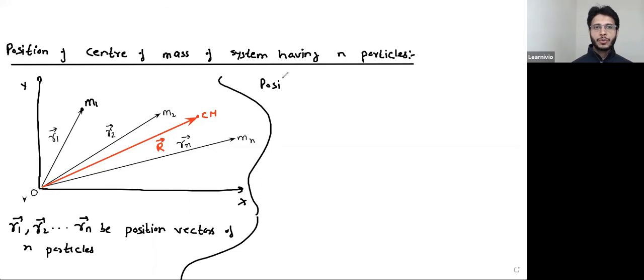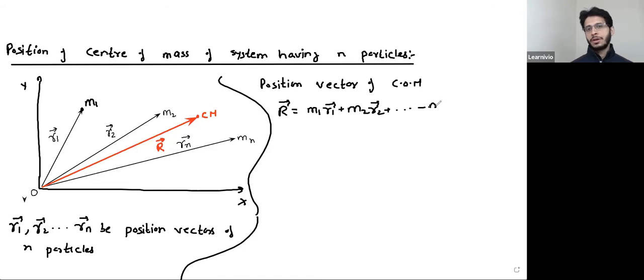So the position vector of center of mass is m1 r1 plus m2 r2 up to mn rn, divided by the total mass m1 plus m2 up to mn.